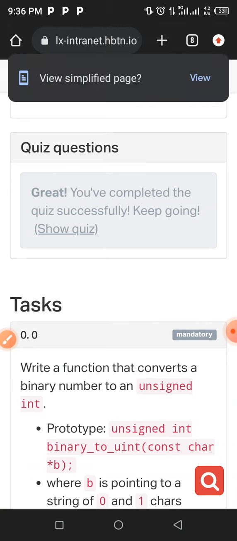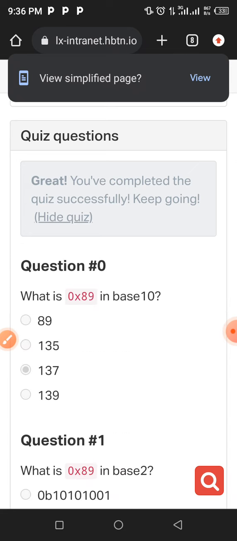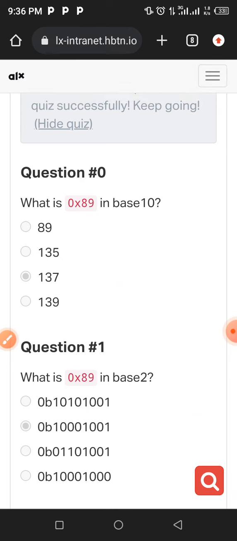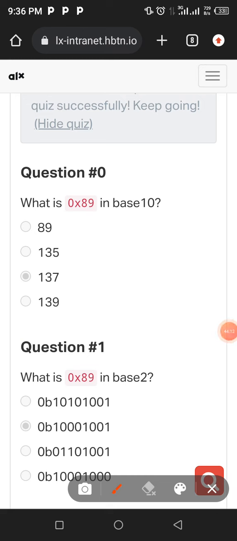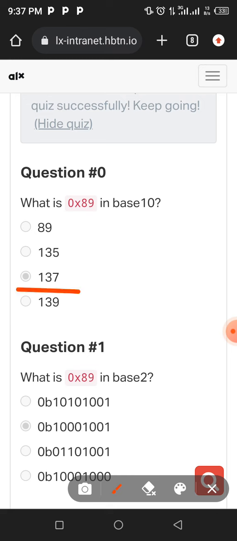So you can see, we have 137. You can see that is what we have here. So that's settled for that. I've forgotten that I was using white. Let me change it to red. Okay. So you can see we have 137, which is the correct answer.